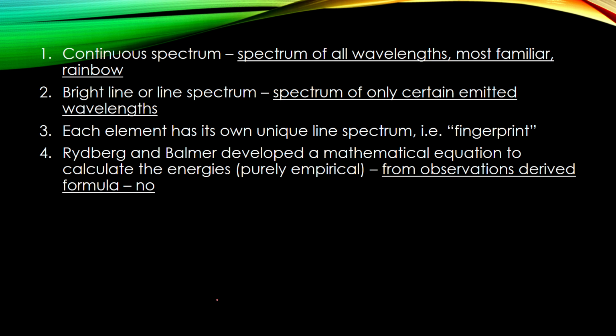These were purely empirical, so they derived the formula from observations. They did not do any experiments at all. Okay, and we're not going to get into the mathematical equation here right now.